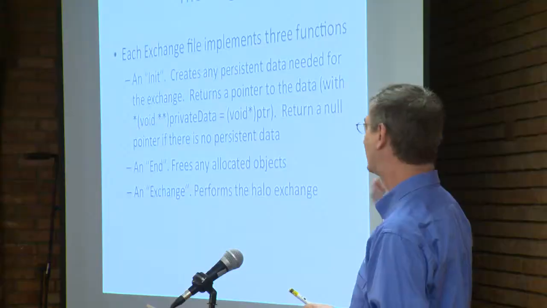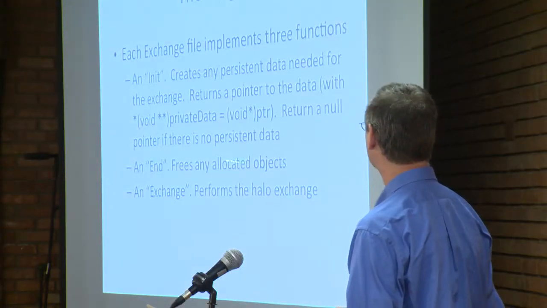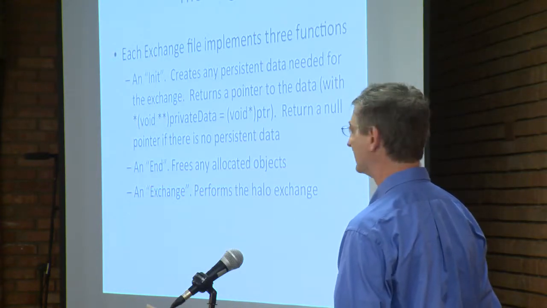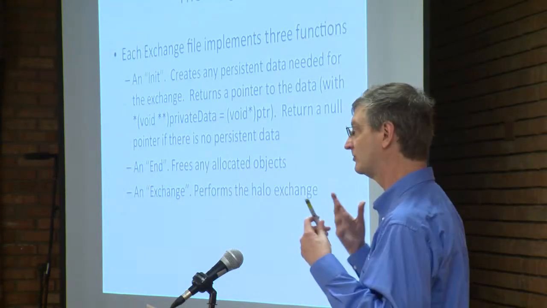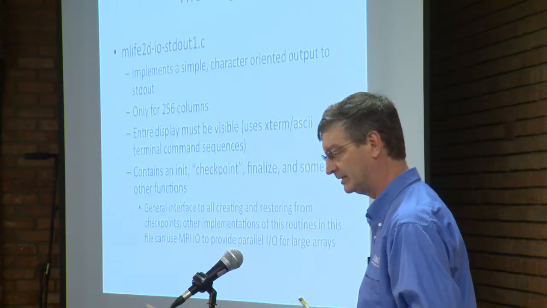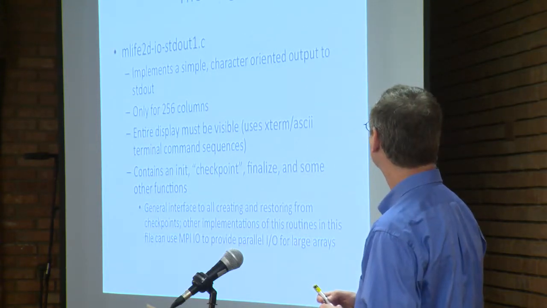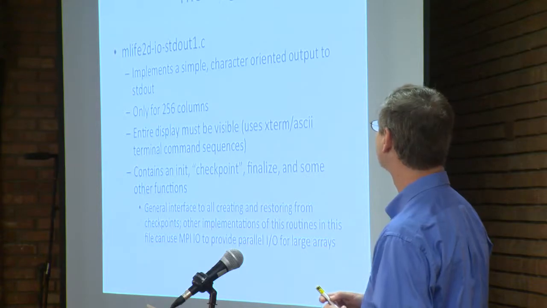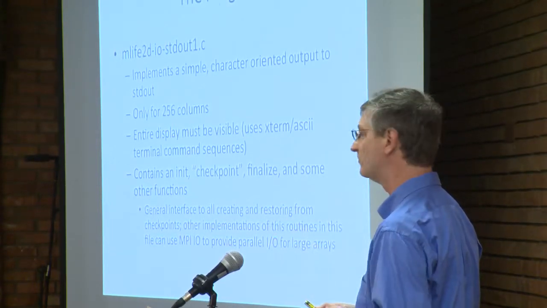So in some cases, there is no persistent data, but in some cases there is. In particular for the RMA, there is. Then the end frees any such data, and then the exchange, in fact, does the halo exchange. So that's all you have to implement to add a new example. And then there's a simple I/O version.